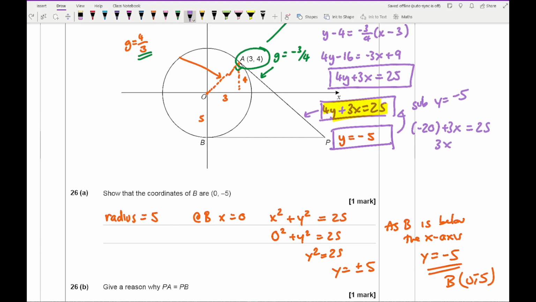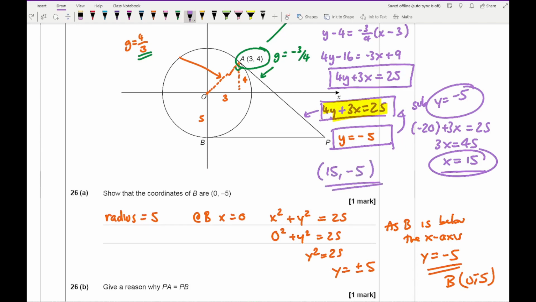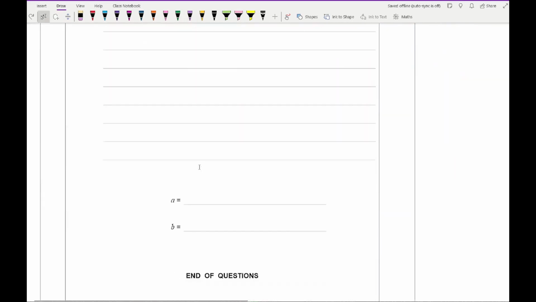So then 3x equals 45. So x has got a coordinate of 15. So here I've now got my coordinates of P, which is 15, minus 5. So scrolling down, I should have a coordinate of 15, minus 5. And there we go.